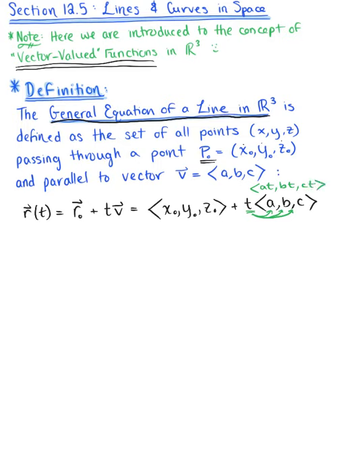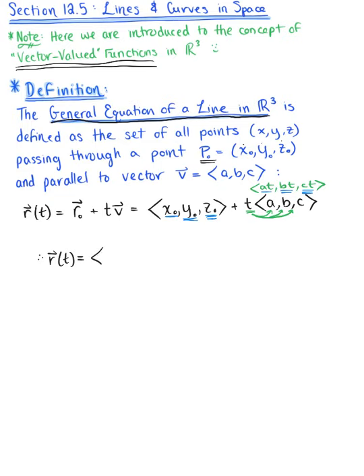And then using vector addition, we can now combine the like components to get the vector-valued equation of the line. This is going to simplify to vector r of t. And notice this vector has three components, x, y, and z.